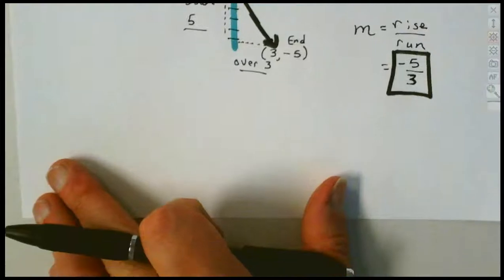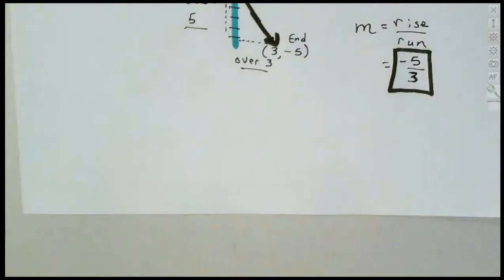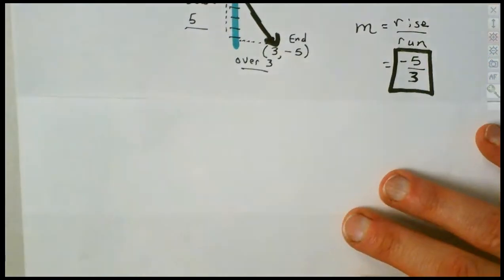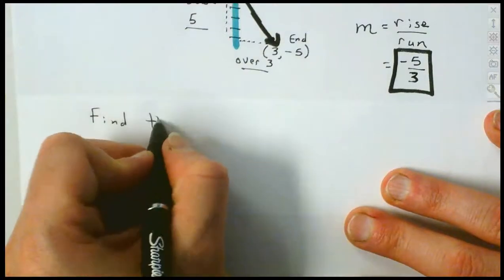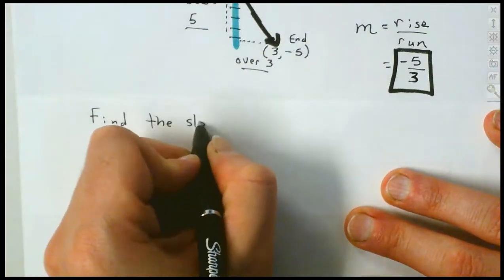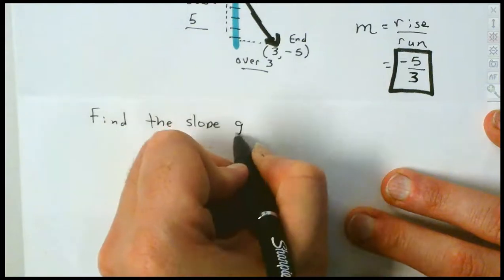Now we're going to learn how to use a formula to find the slope when we're given 2 points. So let's find the slope given 2 points.